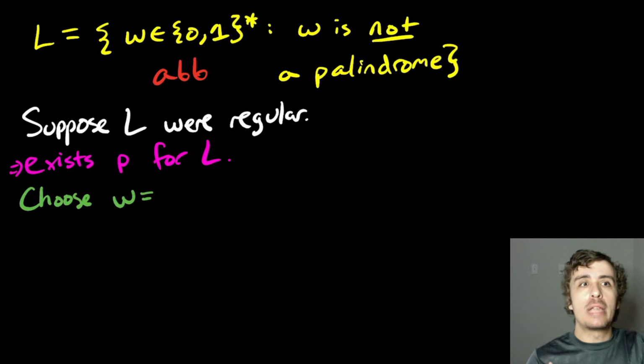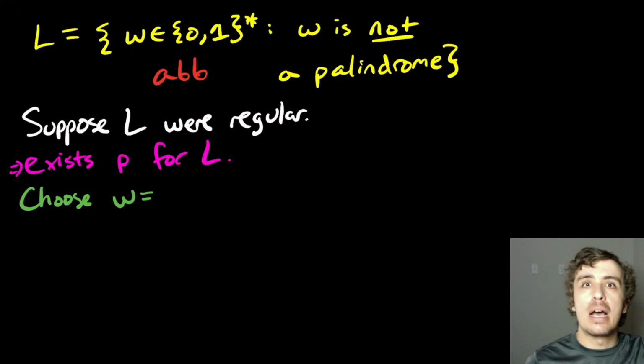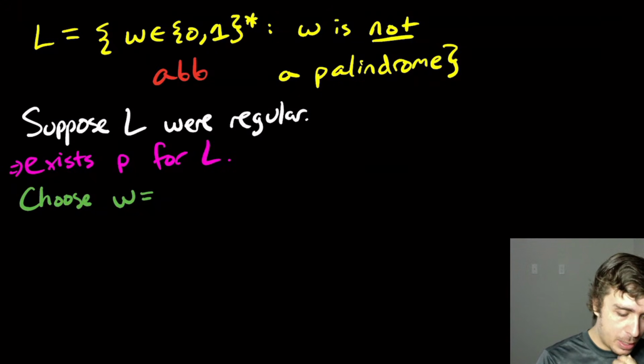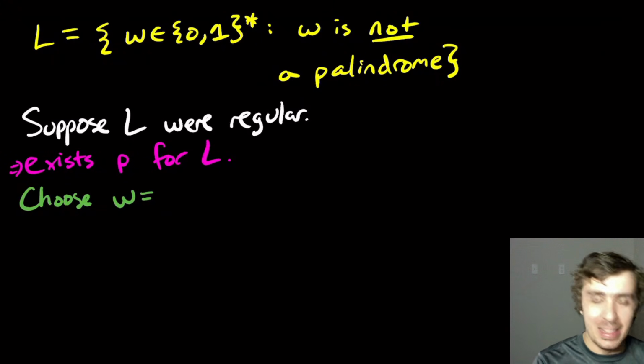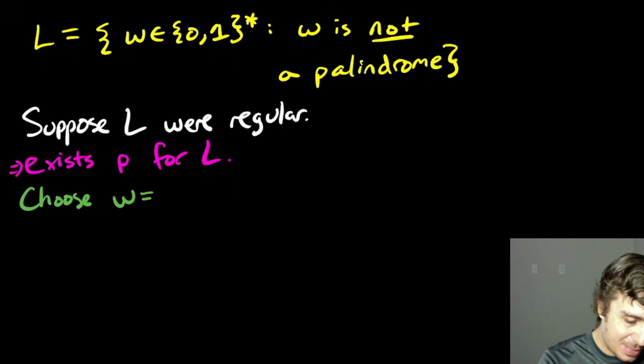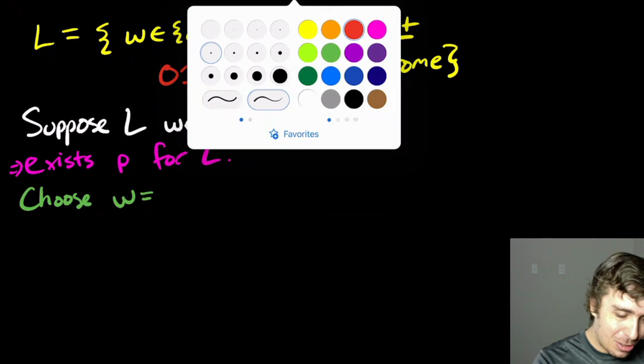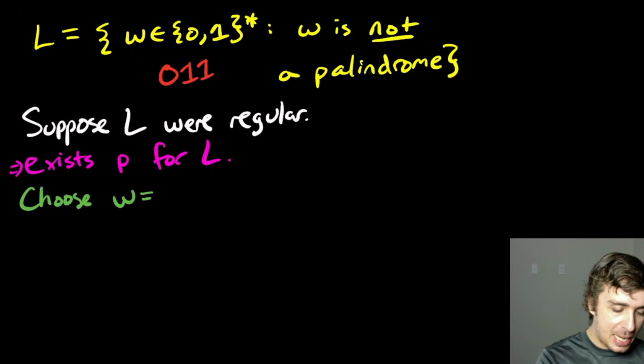You want to make sure that you can always eventually arrive at a palindrome, which is kind of hard if you think about it. Oh, actually, I should say ABB is not in there. I meant 0, 1, 1. That's in there.